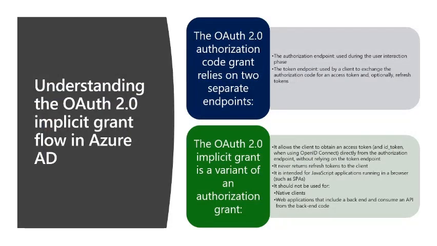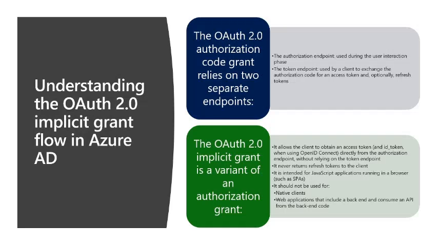Understanding the OAuth 2.0 implicit grant flow in Azure Active Directory. The OAuth 2.0 authorization code grant flow is an authorization grant that uses two separate endpoints. The authorization endpoint is used for the user interaction phase, which results in an authorization code.